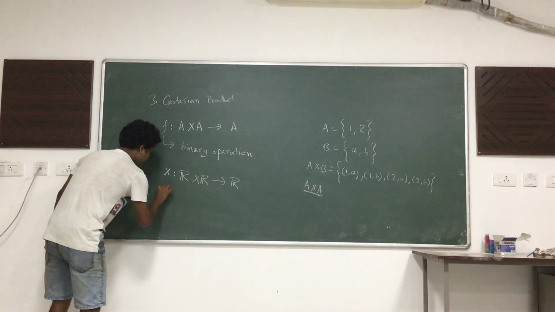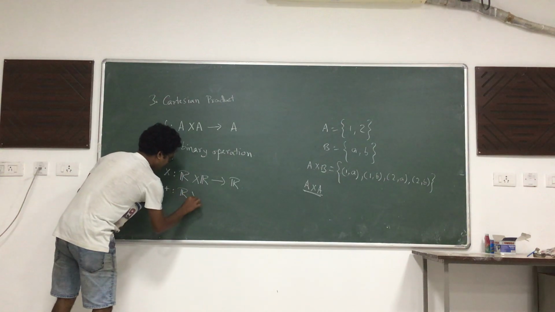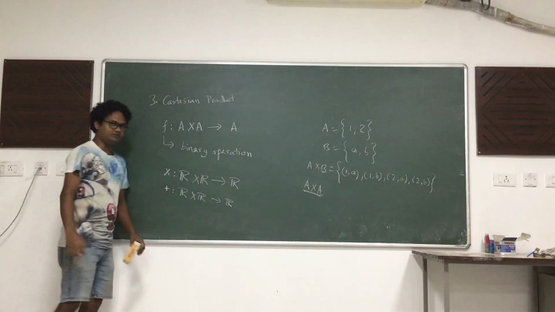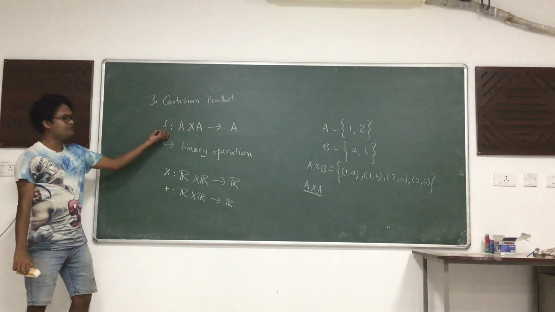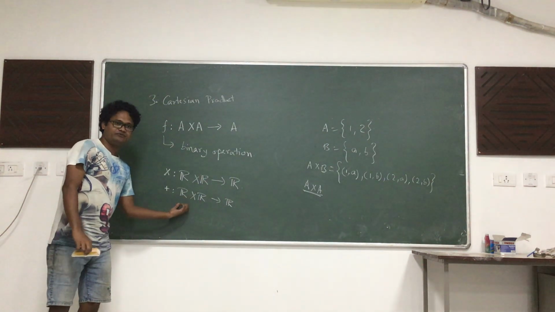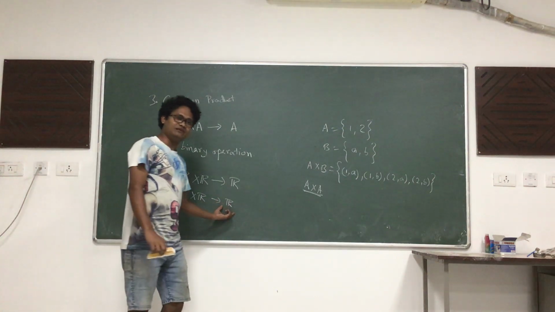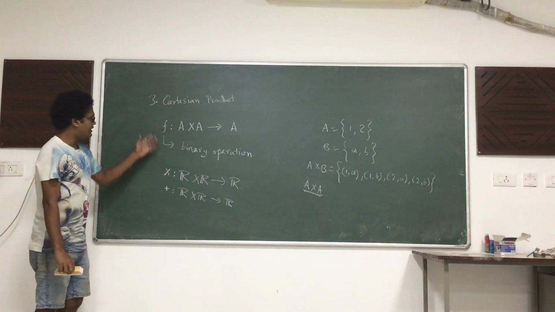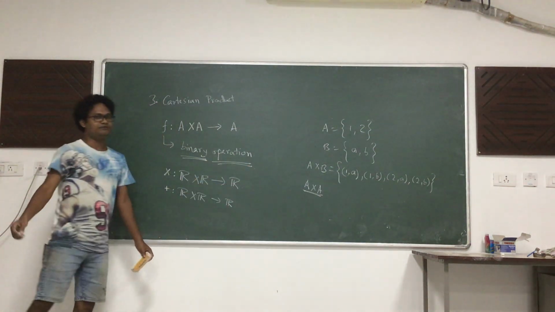Let us say addition: a real number will get another real number. This is also a binary operation. So a binary operation can be thought of as a mapping from the Cartesian product of the same set with itself to the same set itself. So this is how the binary operation is defined.